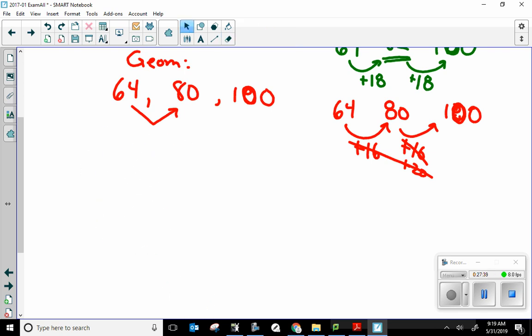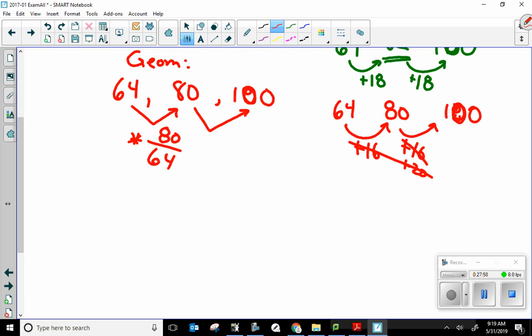So in my mind, I say, well, if I want to get rid of the 64, I multiply 64 by something over 64, so it'll cancel. What's left on top will give me my answer, 80. So let's see if that holds true. I multiply 64 by 80 over 64, it gives me 80. I would have to multiply 80 by the same thing to get to 100.